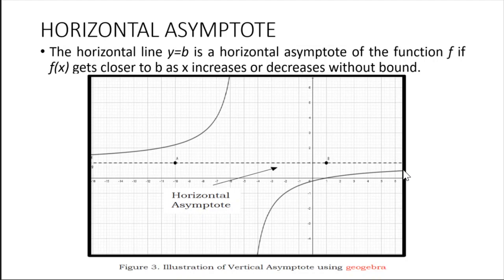We can determine the horizontal asymptote arithmetically by comparing the degree of the numerator and denominator of the function.